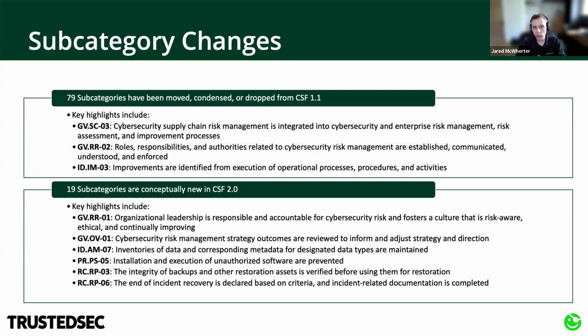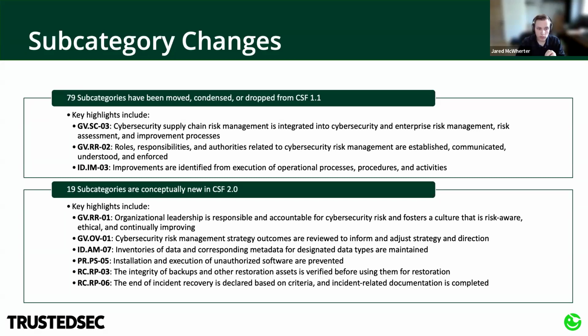We here at TrustedSec always recommended prior to this to use an allow list to manage your software. However, the CSF now strictly states that users should not be able to install any software, and even if they can install software, there should be an allow list to block the execution of that.